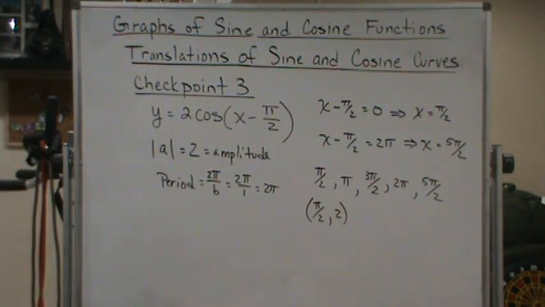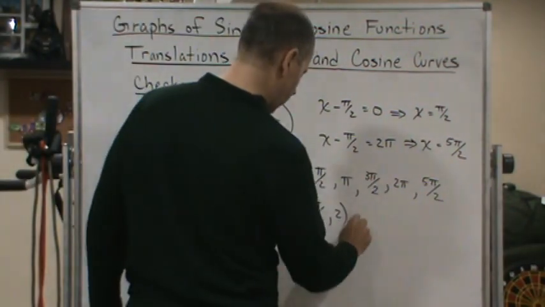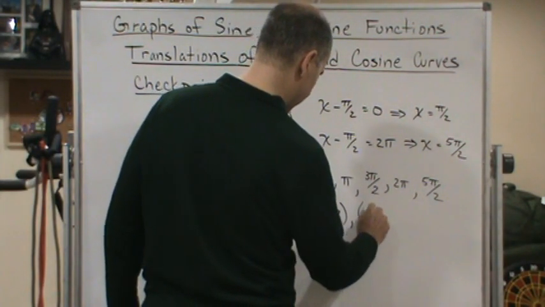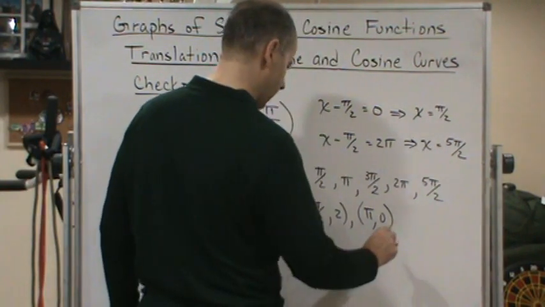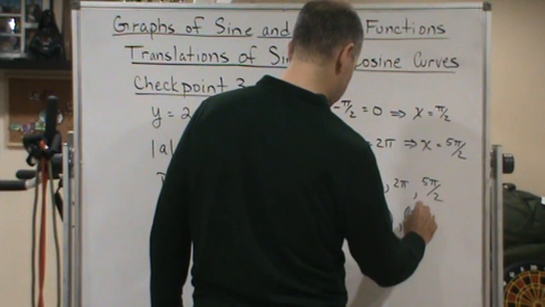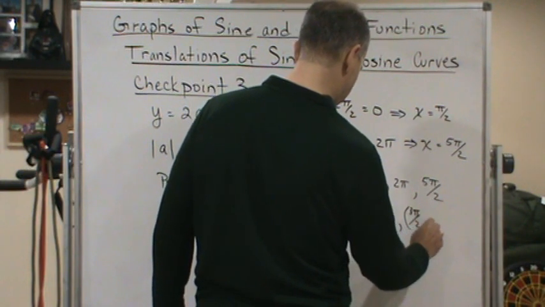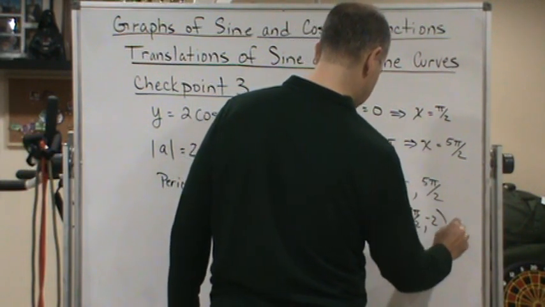The second point is going to be pi comma 0. The next point is going to be 3 pi over 2 comma negative 2.